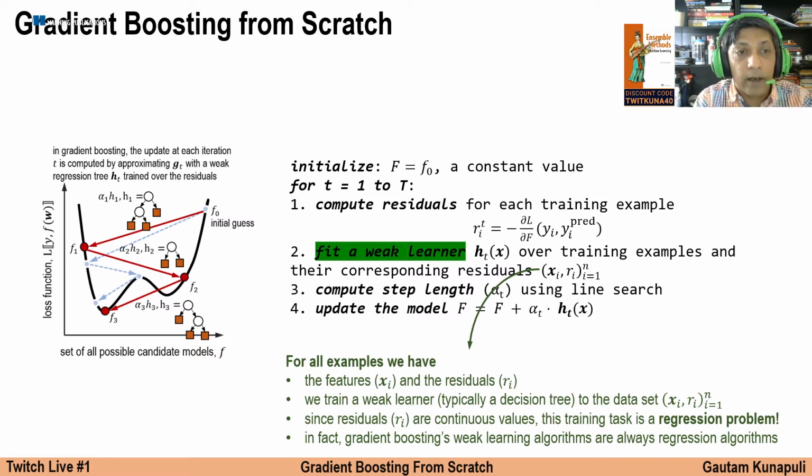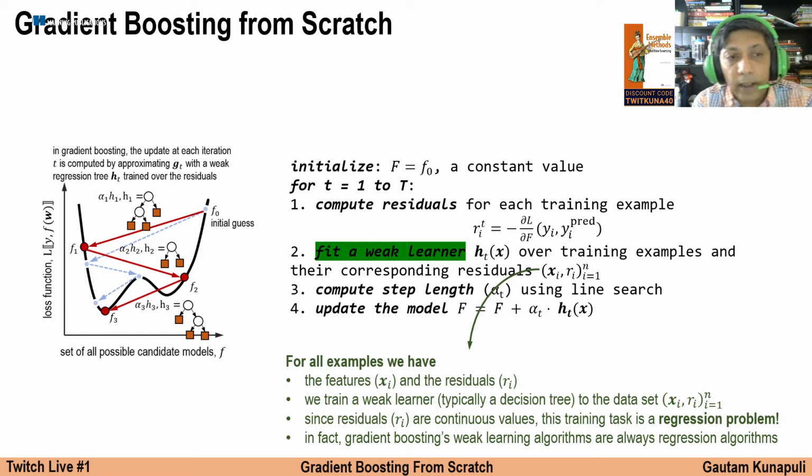But here, after computing the residuals, we fit a weak learner to the residuals, and in most modern gradient boosting implementations these are typically decision trees. And you, of course, have the ability to control the depth of those trees, and it is ideal to fit a weak learner, hence a shallower tree, right?